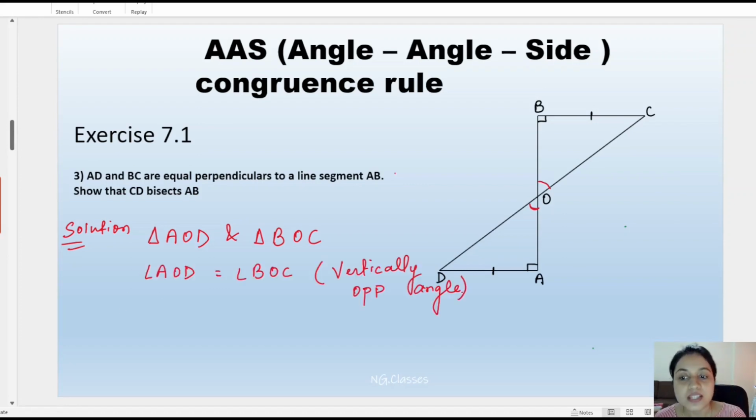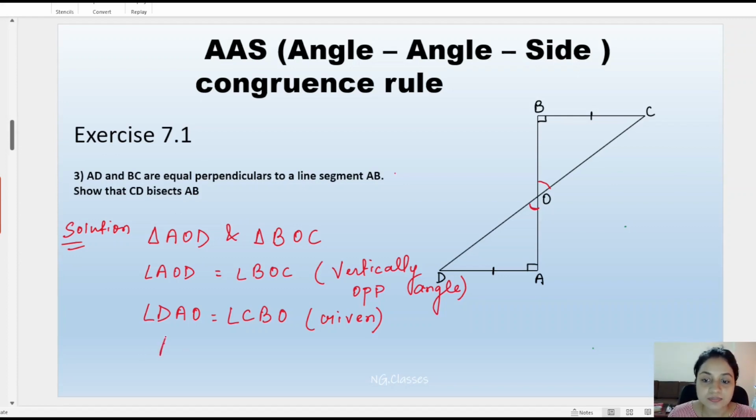We can also see here that angle DAO is 90 degrees. Similarly, angle CBO is also 90 degrees, which is already given in the question. Let's write it. And now we can see that side AD is equal to side BC. That is also given in the question.